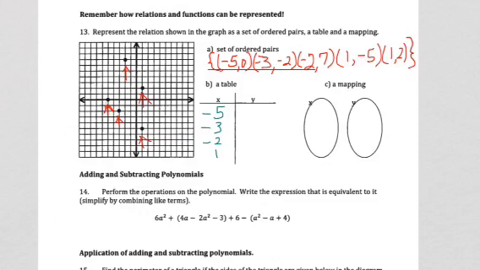Actually, we can go ahead and do that. We just won't do it on the mapping. With -5 we have 0. With -3 we have -2. With -2 we have +7. With the 1 we have a -5. With the other one we have a +2.